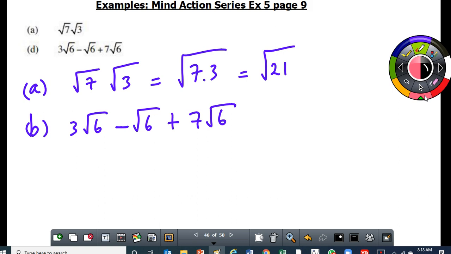So, the square root of 6 in this question here is like your x. That's like your x in algebra. Now, it is better for me to relate it to your knowledge of algebra because you can better understand it that way. So, treat the square root of 6 like x.